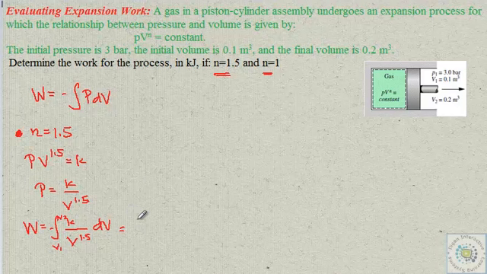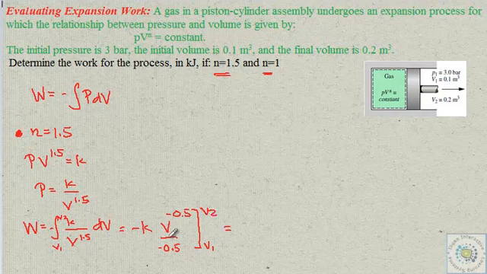The integrand can be thought of as V to the negative 1.5, so the integral will be V to the negative 1.5 plus 1, so we'll have V to the negative 0.5, divided by negative 0.5, then evaluated from V1 to V2.